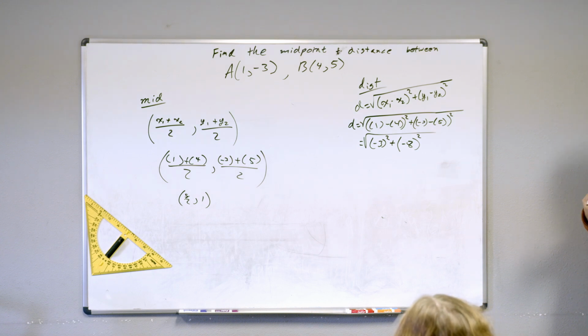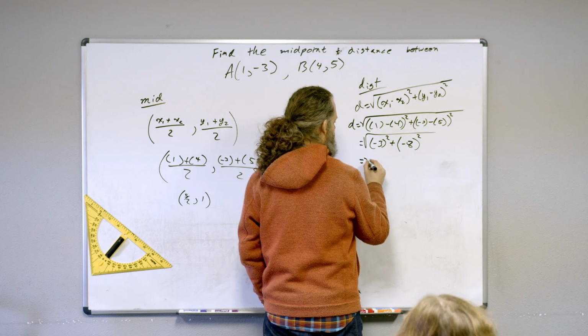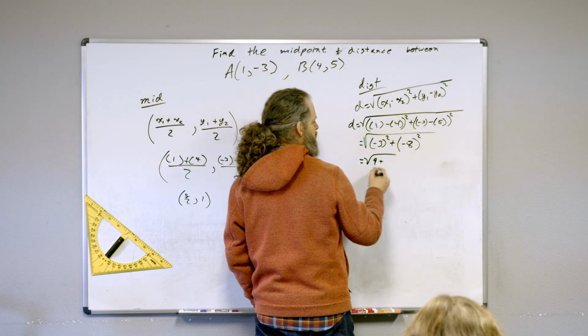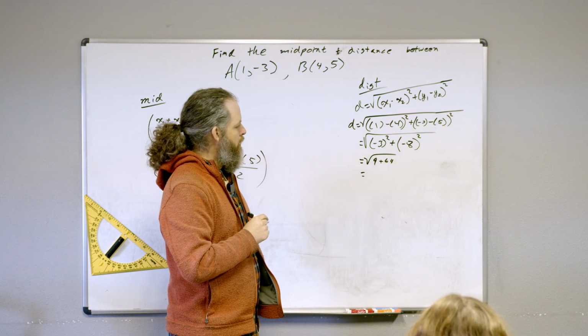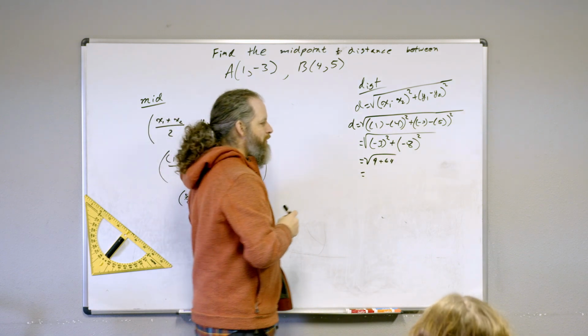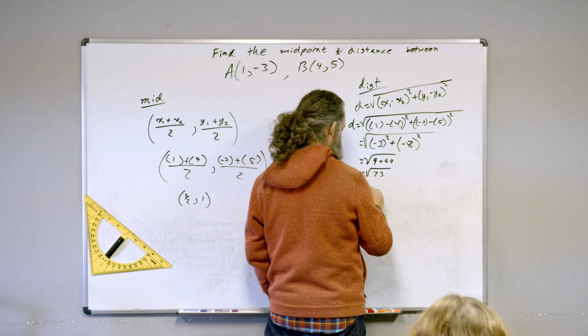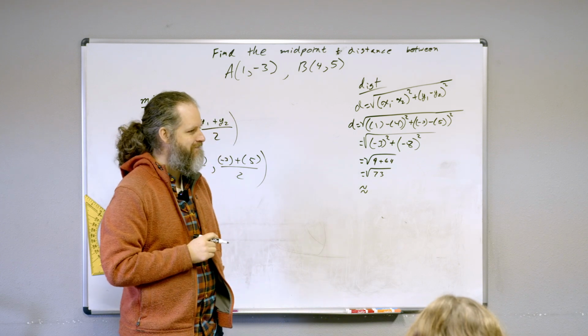Not -9. Because negative times a negative is a positive, right? So this is positive 9 plus 64. What's 9 plus 64? 73. Which is approximately equal to what?